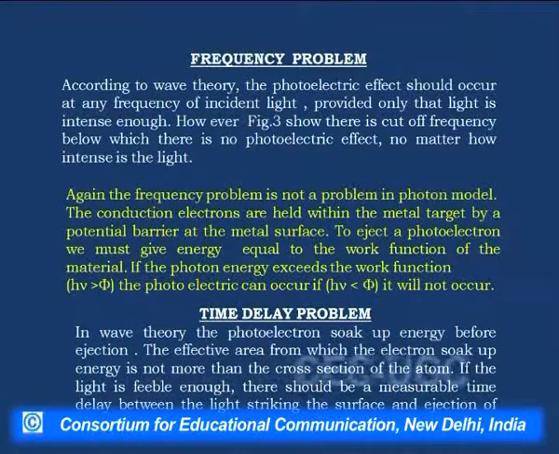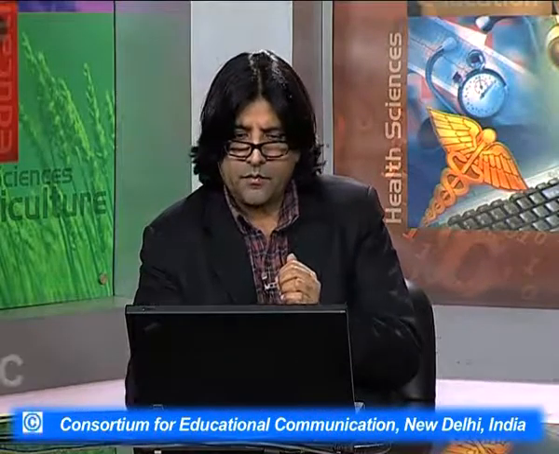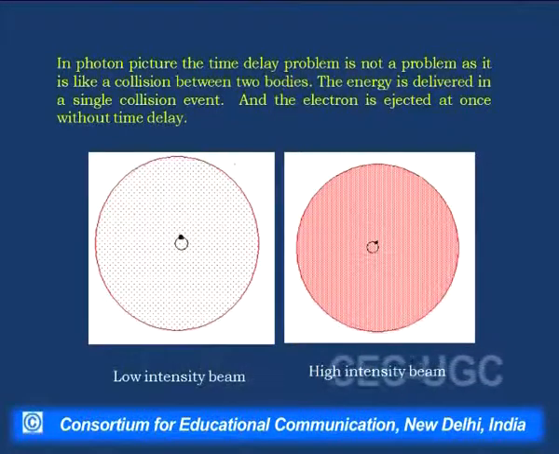We know that once you shine light on the metal surface, immediately we see the current in the circuit. There is no time delay between shining light and detecting the current. Now, if we take the wave theory and the intensity is, say, less.